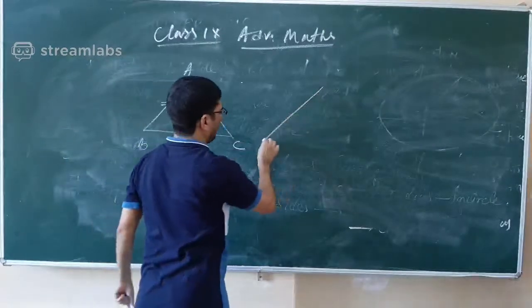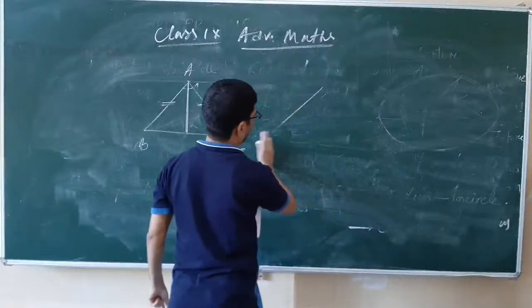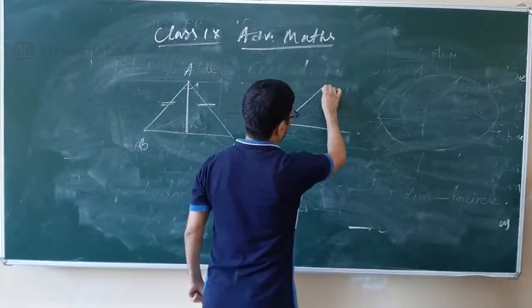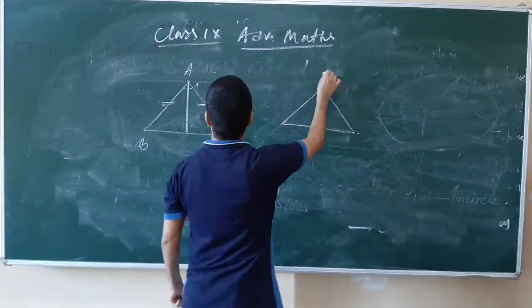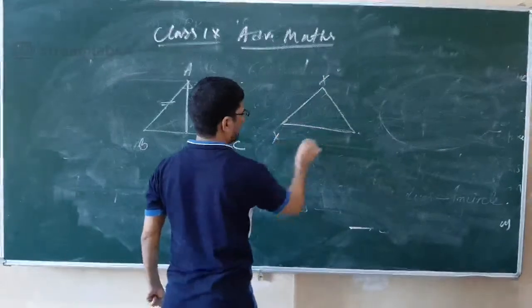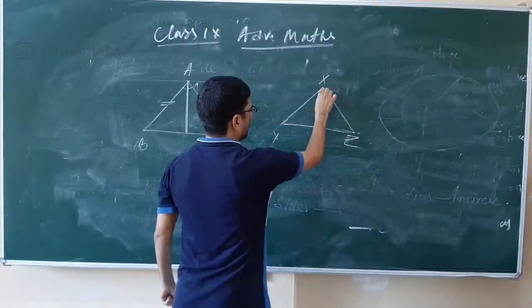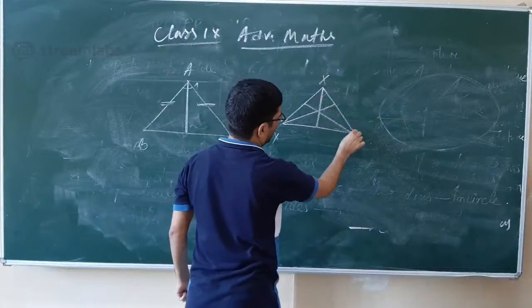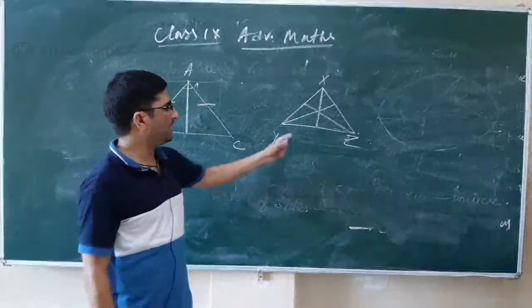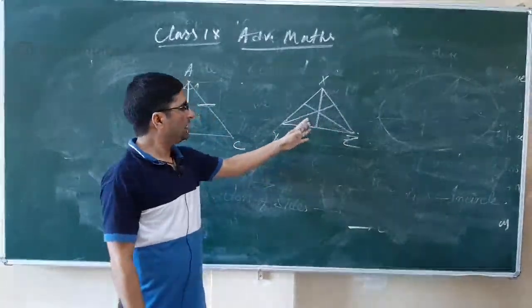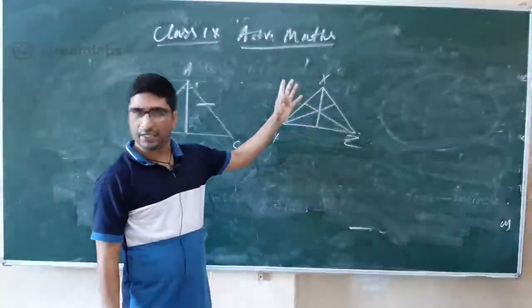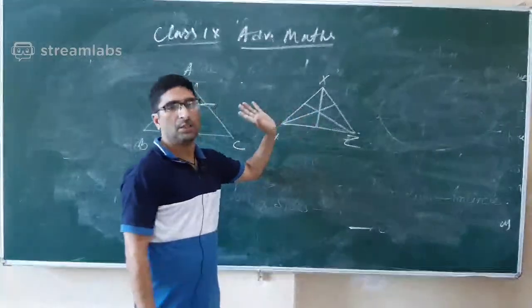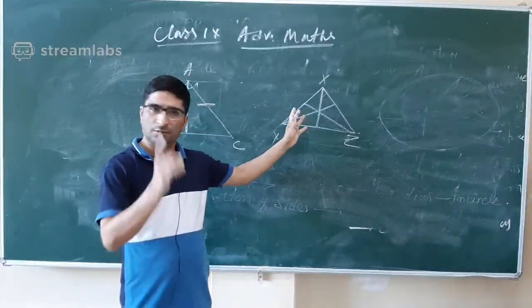Now, in an equilateral triangle, the same concept. Suppose this is an equilateral triangle XYZ. This is the median, this is another median, this is another median. The three medians are also the altitudes as well as the angle bisectors of the vertical angles.